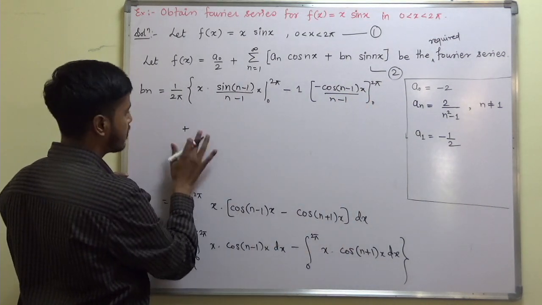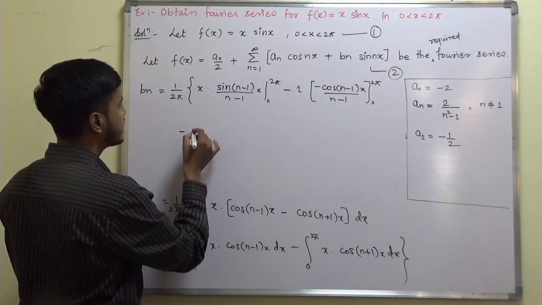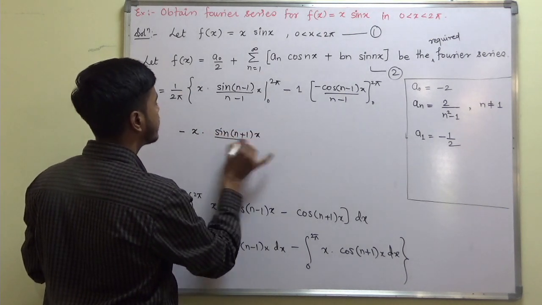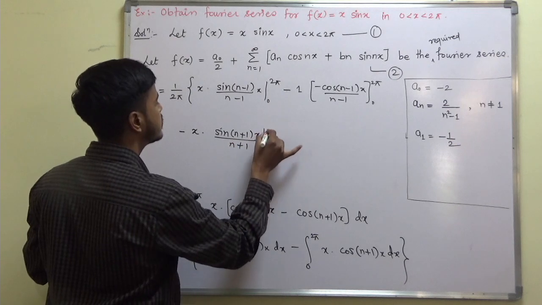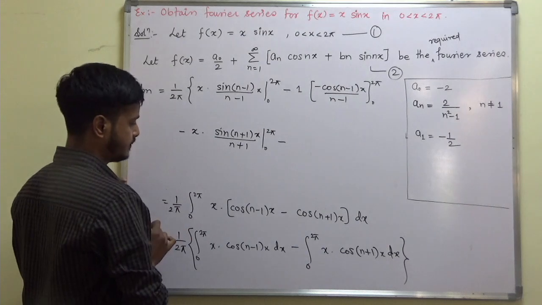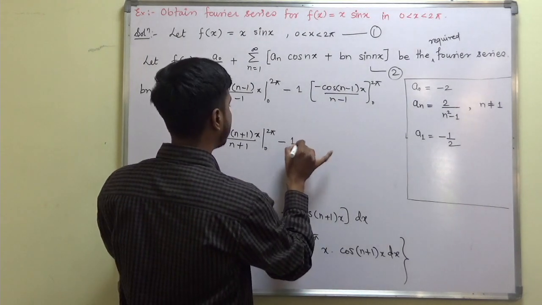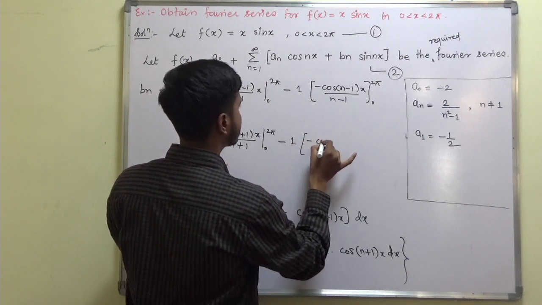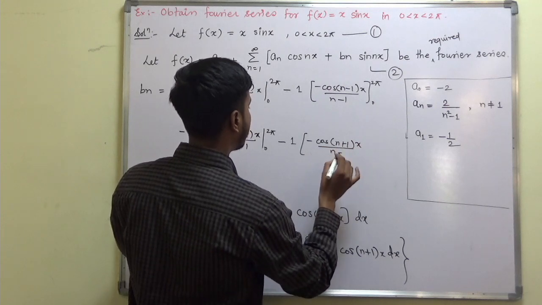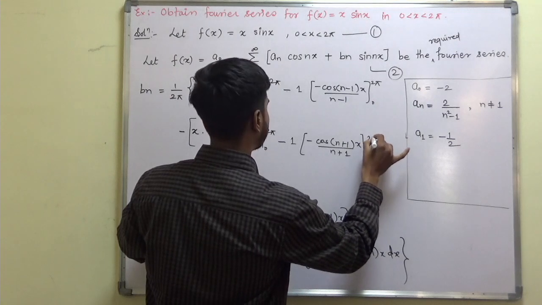So this is minus x into sine n plus 1 x upon n plus 1, 0 to 2 pi, minus 1 into this minus cos n plus 1 x upon n plus 1, limit 0 to 2 pi.